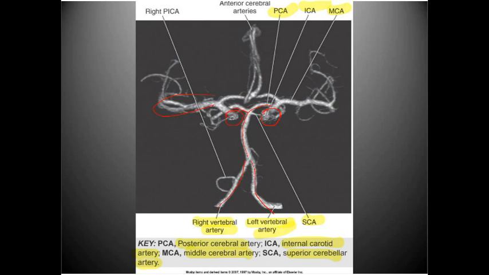This will be your middle cerebral artery. This will be your anterior cerebral artery. And then we have the PCA, or the posterior cerebral artery, which is kind of completing the circle.